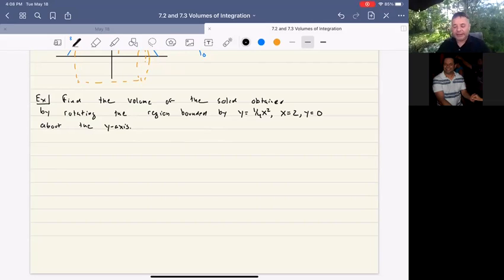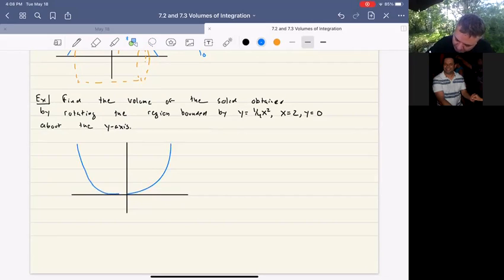Okay, again, we're going to draw the picture. Now, y equals 1/4 x squared. That's, again, a parabola, but this one goes through the origin. Hopefully pretty simple one.